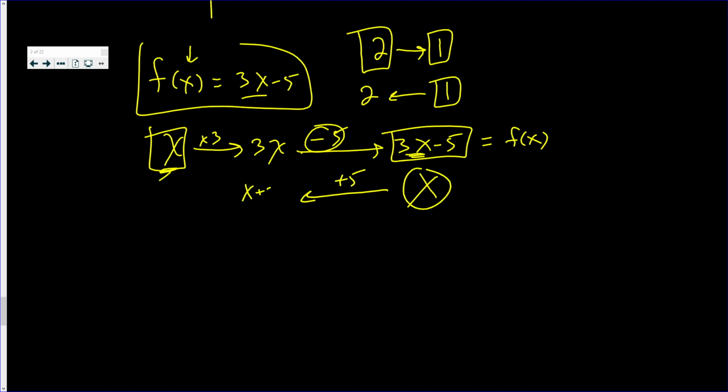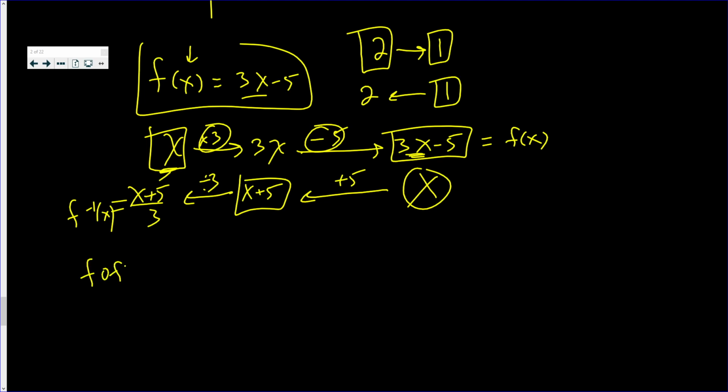So we get x plus 5. To undo multiplying by 3, we're going to divide this by 3. And you get x plus 5 over 3. That is f inverse. And if you don't believe it, that's fine. Don't believe it.